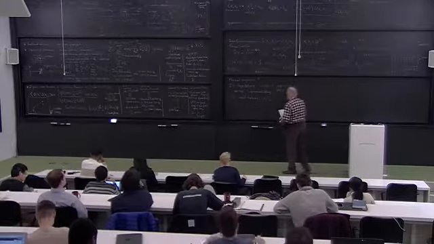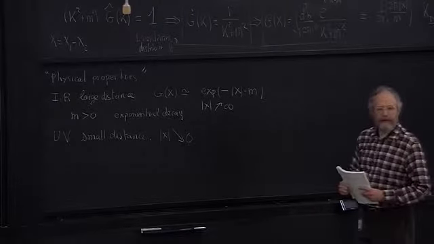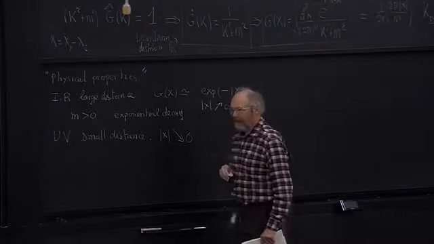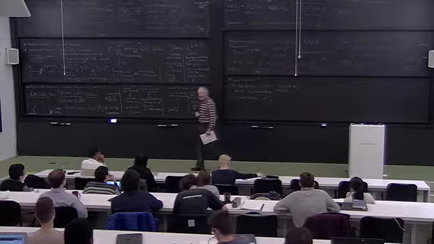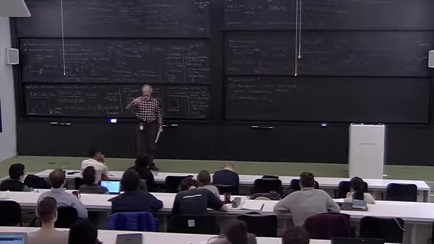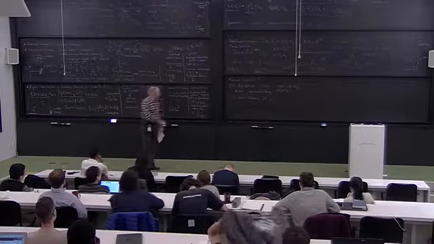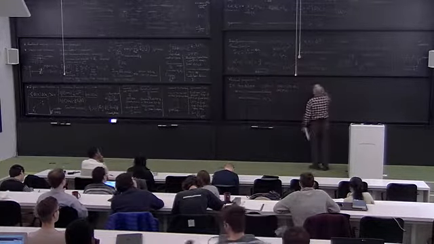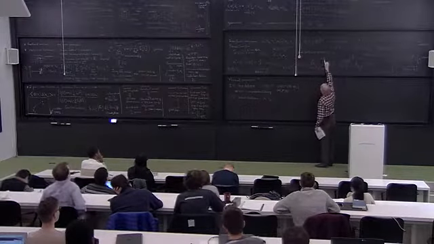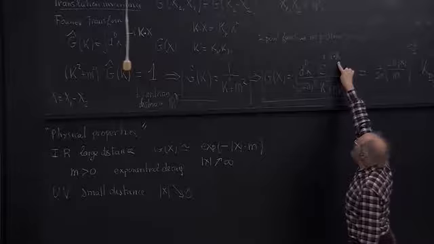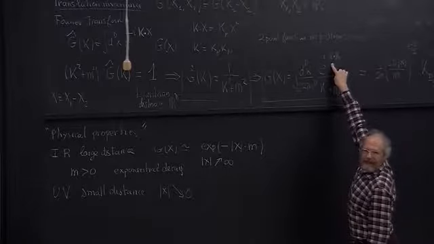Remember that we are in quantum field theory, so the dimension is larger than 1. We have space and time, so the dimension is 2, 3, 4, etc. When x is very small, what counts is the region where k is very large.